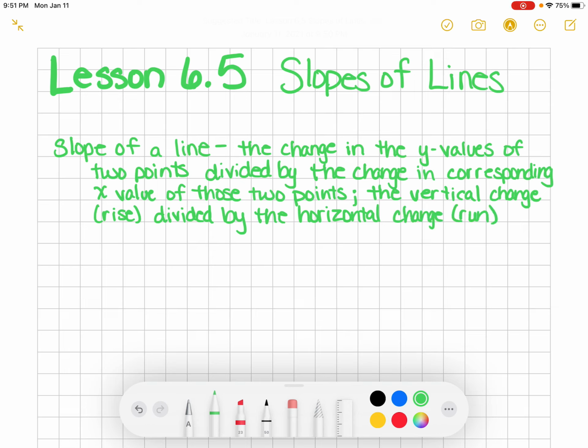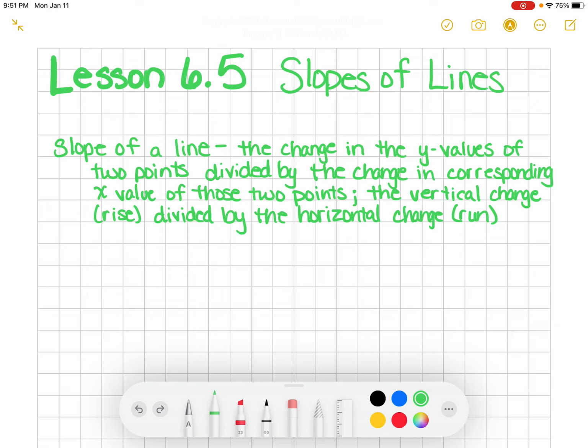So I've already done probably 3 different ways to understand slope. The change in y value divided by the change in x value, that's one. The vertical change and the horizontal change, and the rise and the run. So all of those are different ways to say the slope.